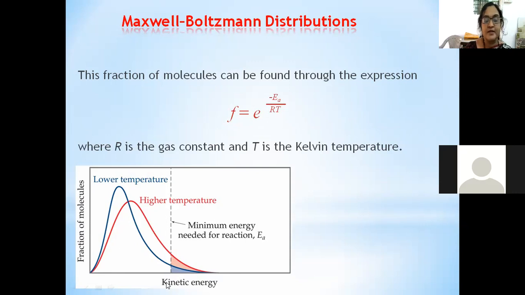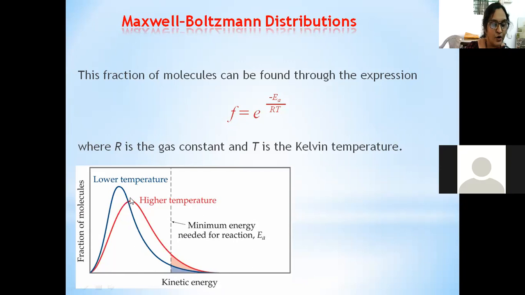If we finally look at the kinetic energy and the fraction of molecules, it is observed that at lower temperature, this much fraction of molecules possesses the minimum energy equal to the activation energy.